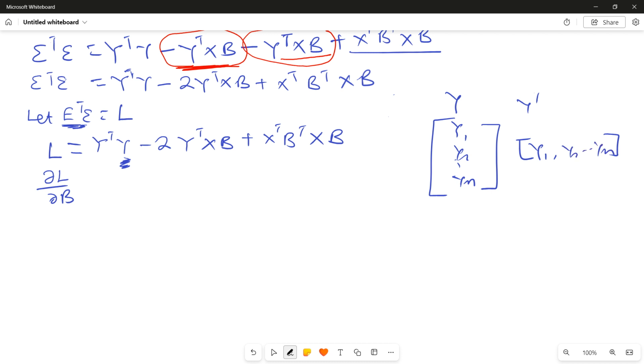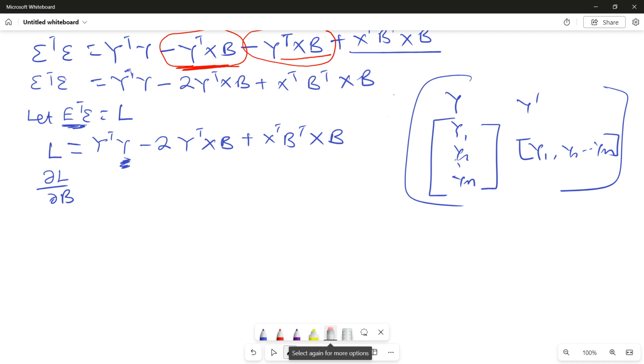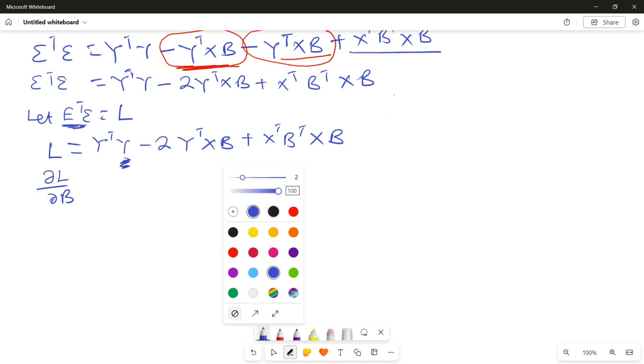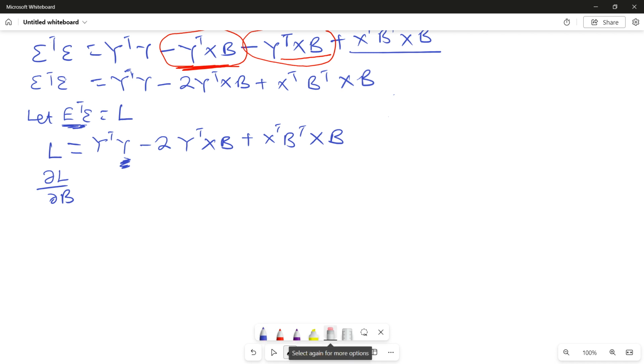Everything here should be represented in that form, or just picture this thing. That will really help with understanding what's going on. Great. So now, can we simplify? In short, can we get the partials?